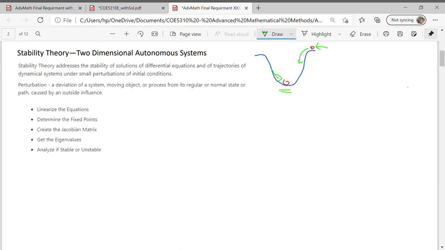So what if, for example, we have nonlinear equations?